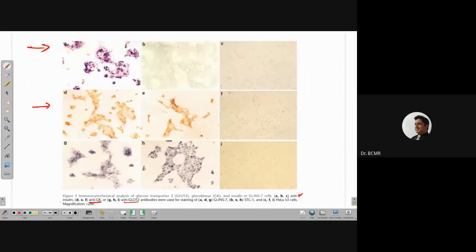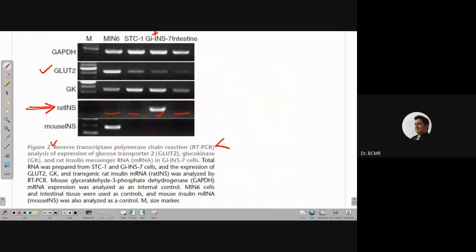This one is for glucokinase. This is for GLUT2 expression. And here you are only showing it is RNA, right? The RNA is expressed. It doesn't mean that the protein has formed. We should be very clear about what we say. We cannot conclude that insulin is produced. We can only conclude that the insulin gene is transcribed. So protein should be there.